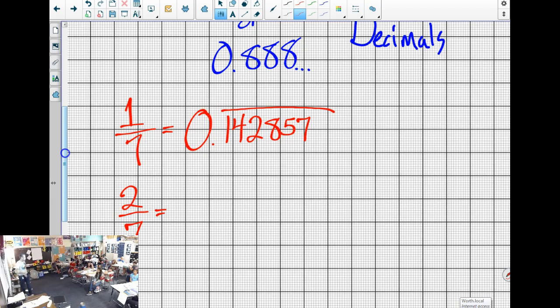You can write this down if you want. This is up to you. Now, hold up. 2/7 has to be bigger than 1/7, right? If I don't start with a 1 here, what other number that I have would be the next biggest? The 2, right?